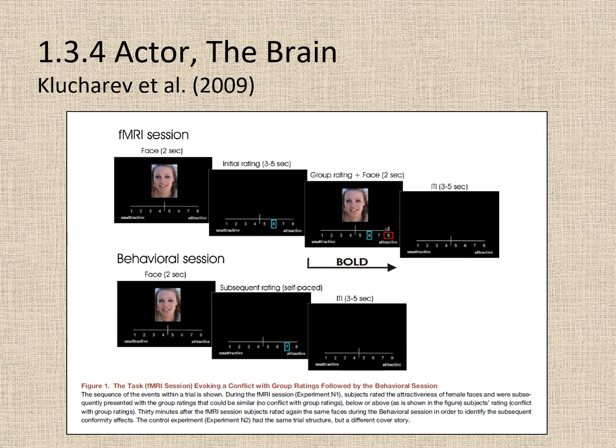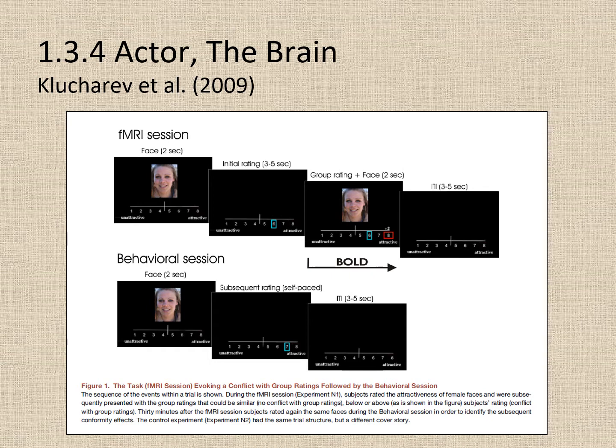In this example, let's say the subject answers 6, and then after that, they get to see that the European mean average is 8. So Europeans on average think that this face is more attractive than you do. Sometimes they get to see that the others give a higher rating than you do, sometimes that the others give a lower rating than you do, and sometimes they get to see that the others give exactly the same rating as you do. And when they are given this information, we have a look at their brain activity. And then we go for the next picture.